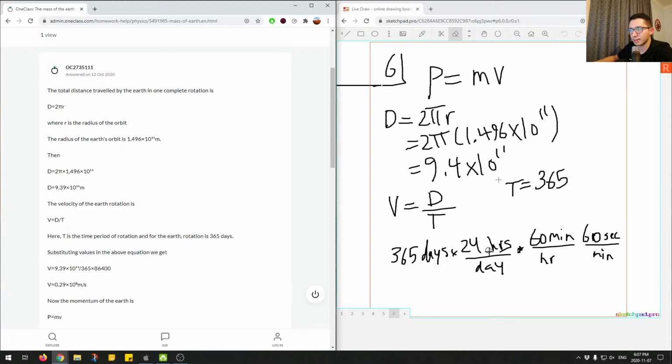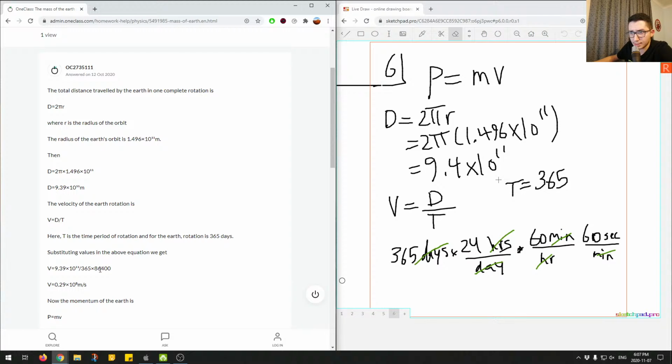We know right away days cancel. If I multiply these two, I'll end up with hours. I want to cancel out the hours, with something simple, so the hours cancel out. And then I want to cancel out the minutes. I can use another simple conversion factor, 60 seconds per minute.